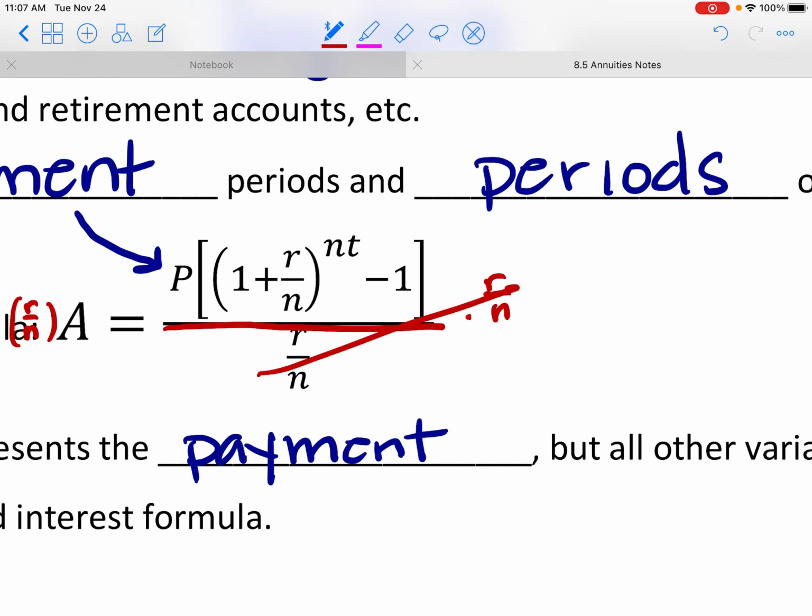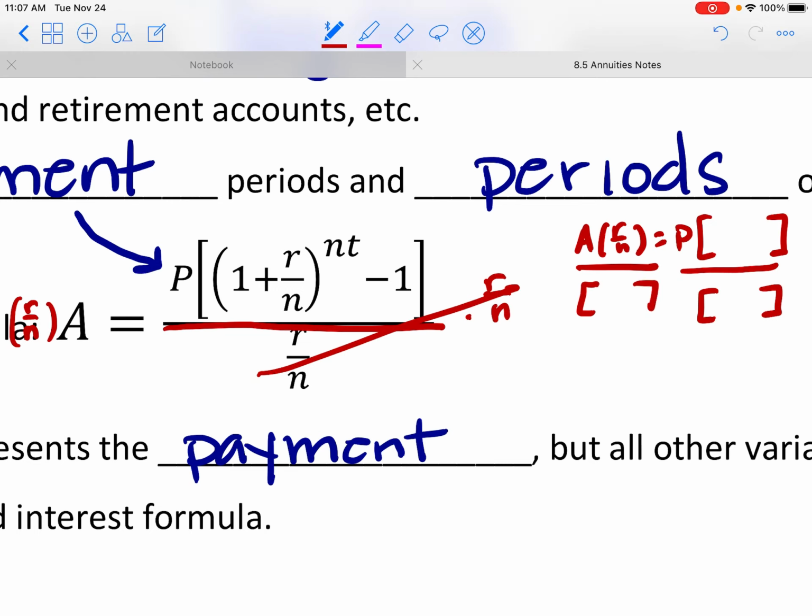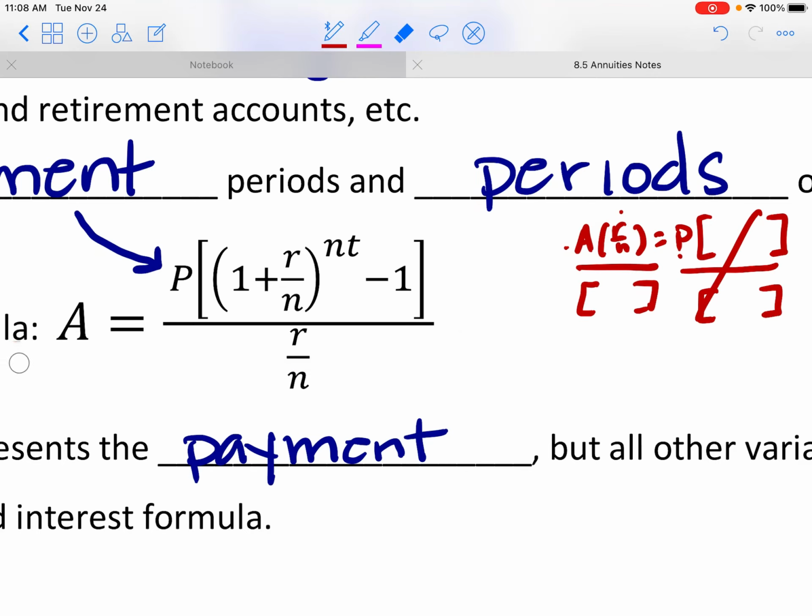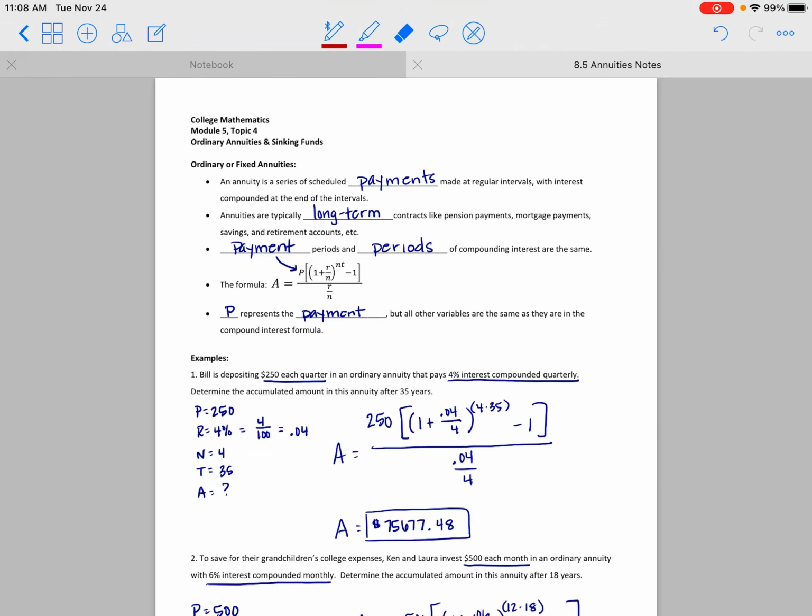Then we would have A times R over N equal to P times this whole thing that's in brackets. So to solve for P, I would divide by that whole thing in brackets, and that would be my formula. P equals A times R over N over the whole thing in brackets, and that's exactly what we see on the next part of our notes.